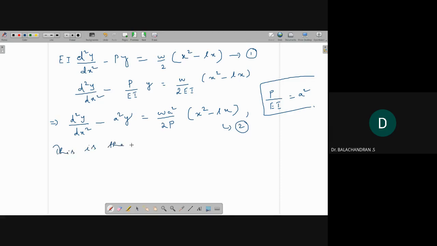This is the differential equation of the elastic flux. Okay, so now the auxiliary equation is m square minus a square is equal to 0.